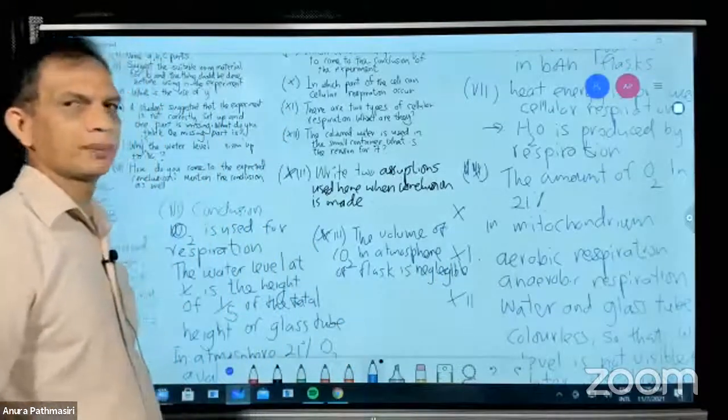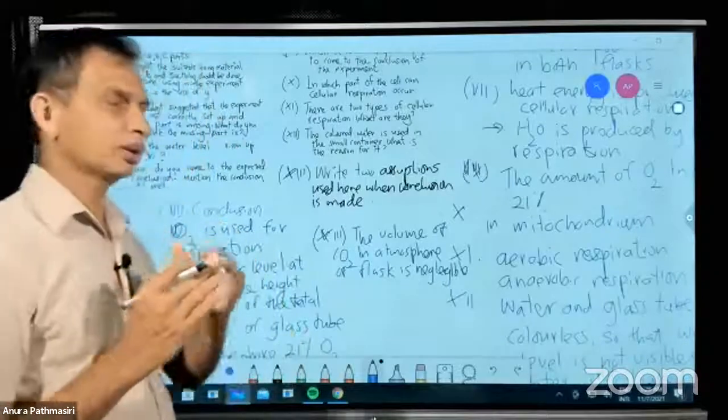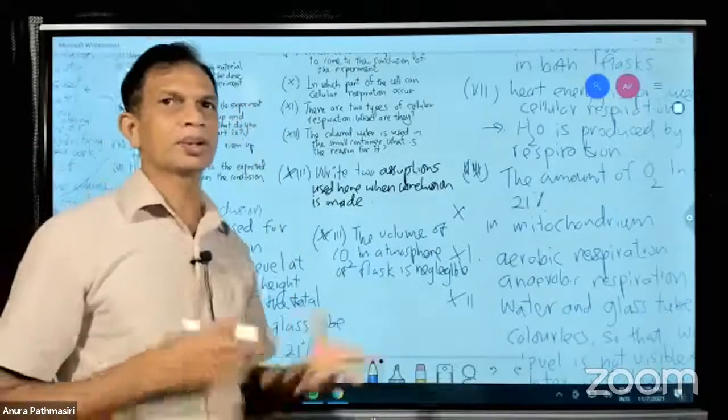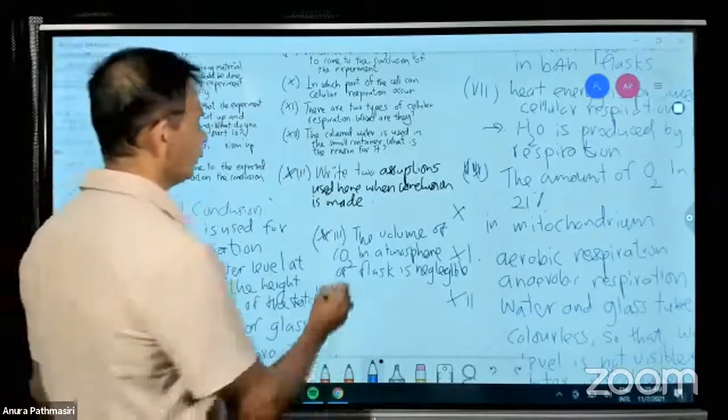We think that because the oxygen amount is risen totally, no carbon dioxide is available, we assume. The second one?